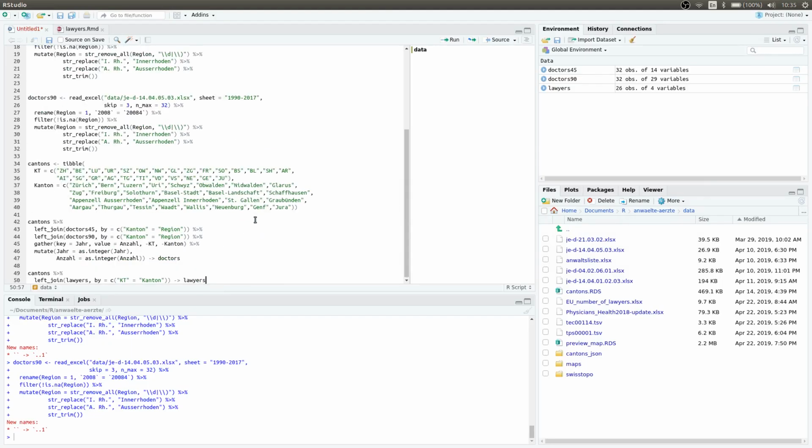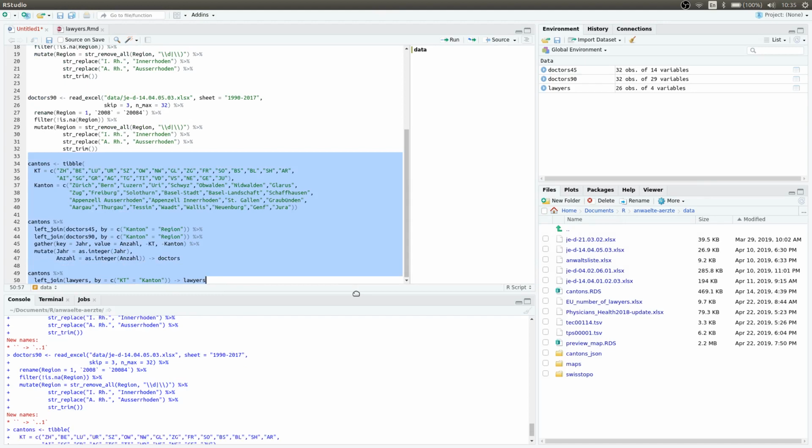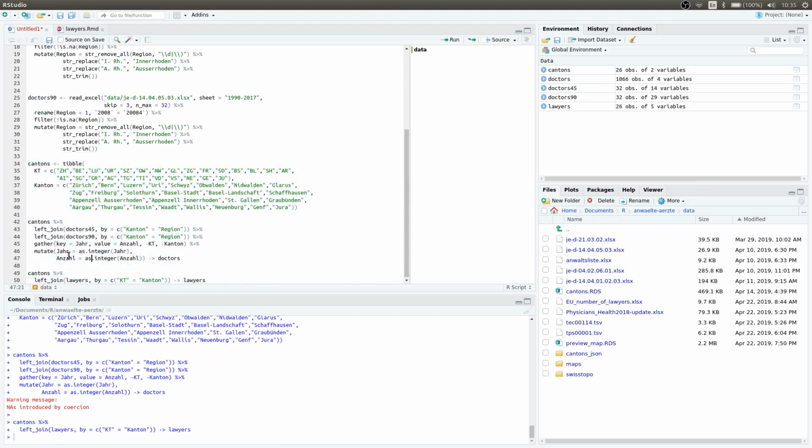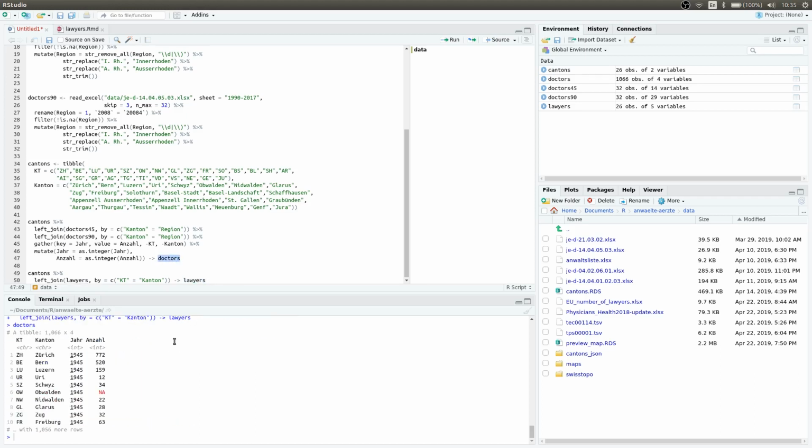So here we load these and we left join them with the number of doctors and number of lawyers. At the end we have a data set not only with the abbreviation but also with the canton name, with the year of the observation and with the total count.